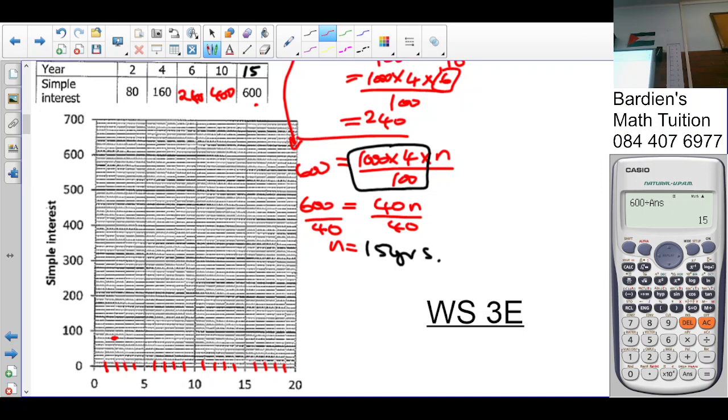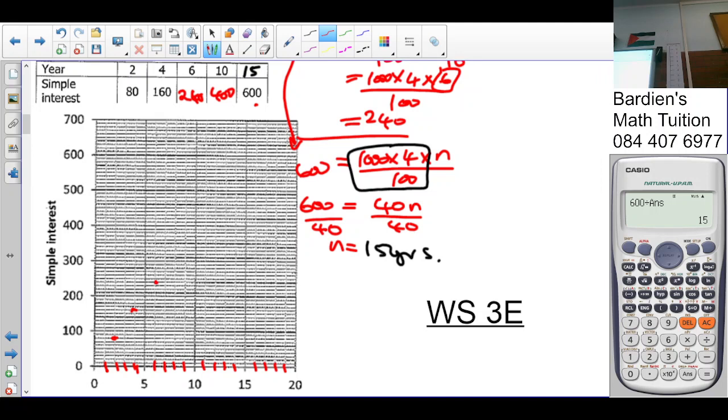Then you have 4 and 160. Here's 4. Can you see it's 4? 160, that is 10, 20, 30, 40, 50, 60. You all agree with that? Alright. 6 and 240. 6 and 200 and 10, 20, 30, 40.